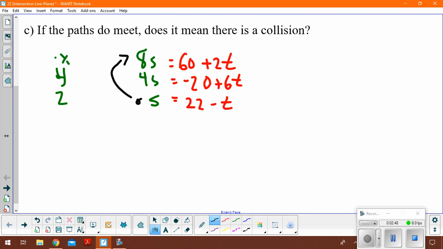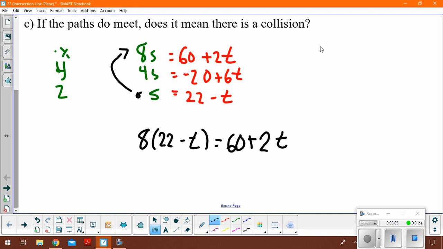So 8 times (22 minus t) is equal to 60 plus 2t. So 8 times 22, 176 minus 8t is equal to 60 plus 2t.